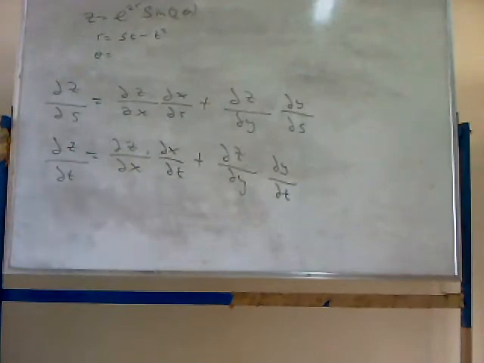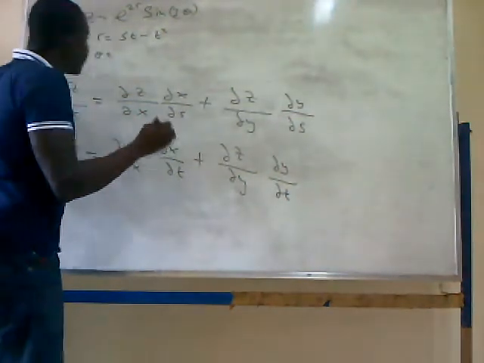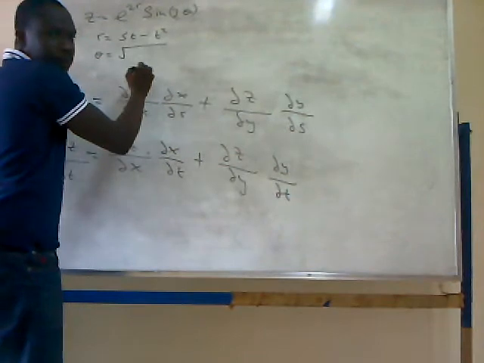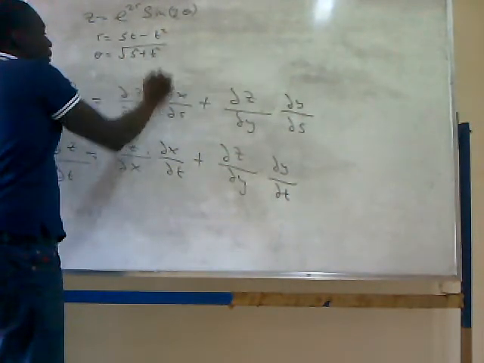Okay, let me try. And theta is the square root of s squared plus t squared.